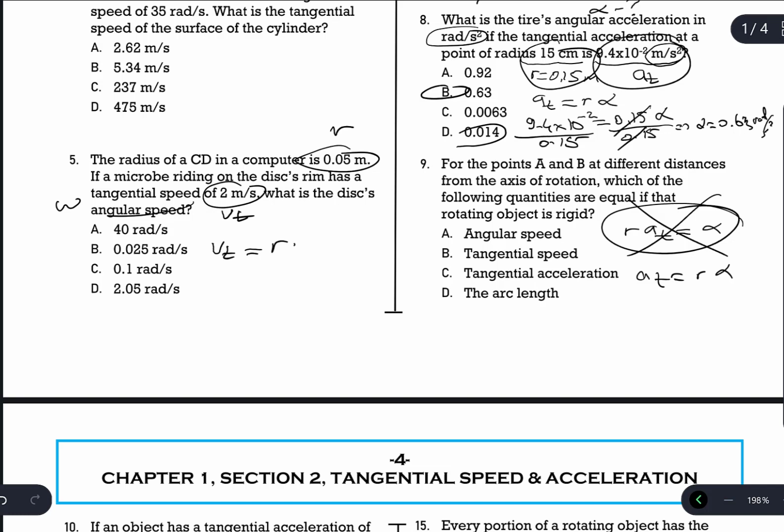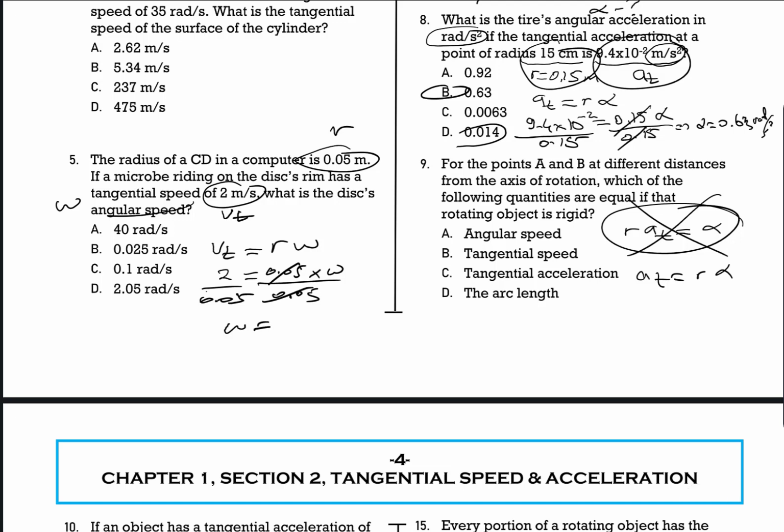VT is equal to R times omega. VT is 2, R is 0.05. Simplify by 0.05. Omega is going to be 2 divided by 0.05, which is 40. 40 radians per second. So it is the correct answer.